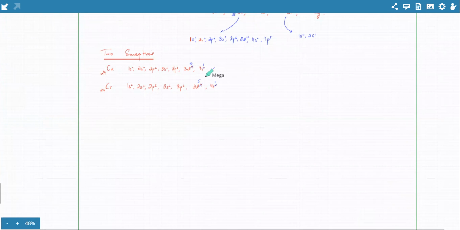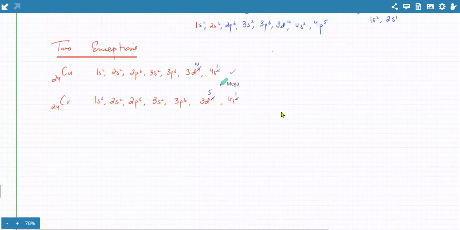I said the next thing is, remember these two exceptions, that the electronic configuration is not going to be the one that you get from the Aufbau principle. TK, you have to alter it. Instead of 3d9, it's 3d10, and 4s is actually 1. And the reason for this is that, especially in these two cases, half-filled and completely filled configurations for these two elements are more stable.